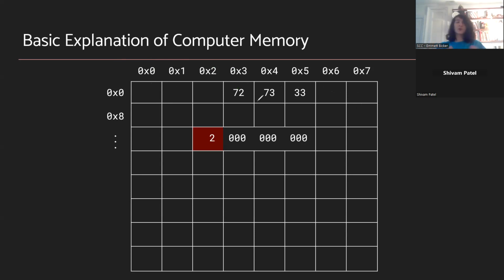If I want to store a value, then that value would be stored inside one of my memory locations. So my memory is really just a big grid, and I can say, hey, at row 1, column 4, I'm going to store the value of 72.